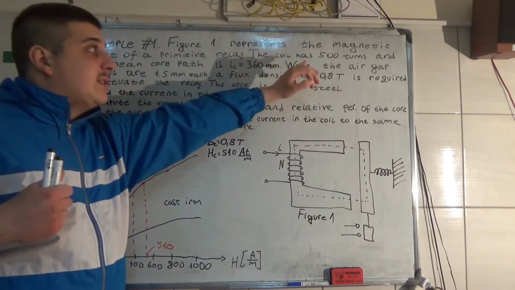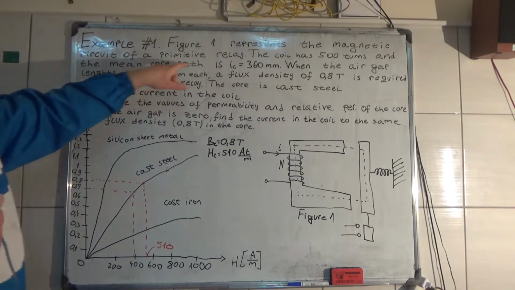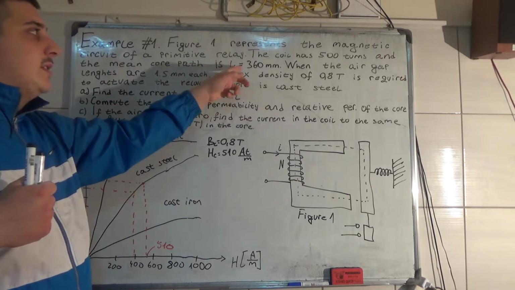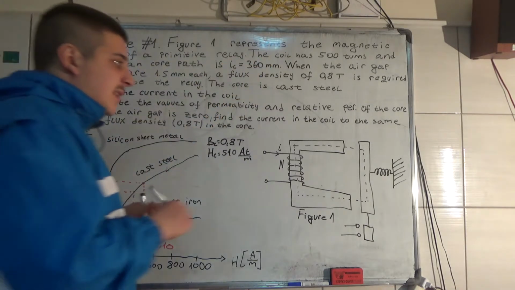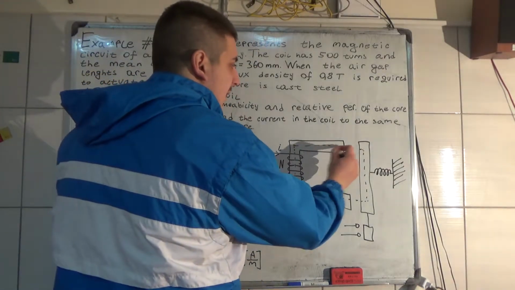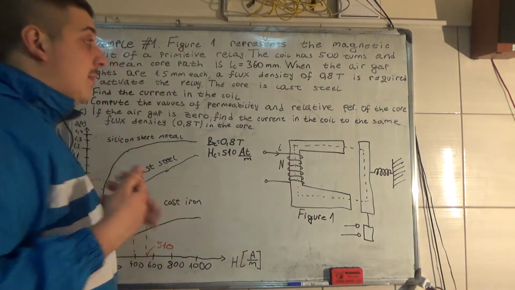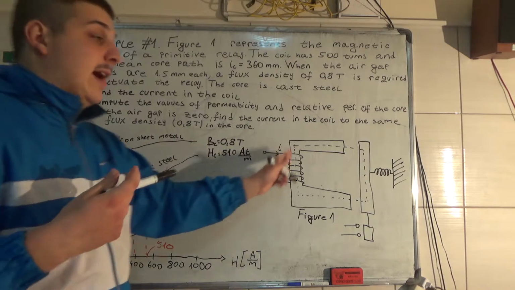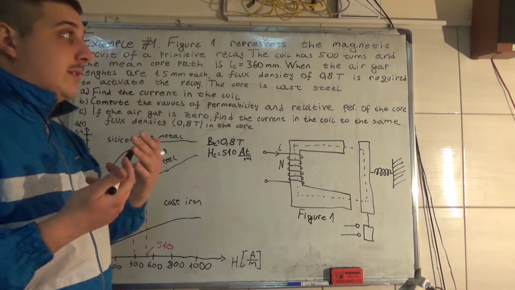The coil has 500 turns and the mean core path is equal to lc = 360 millimeters. So this core length, the mean core length, so the middle line, is equal to 360 millimeters.